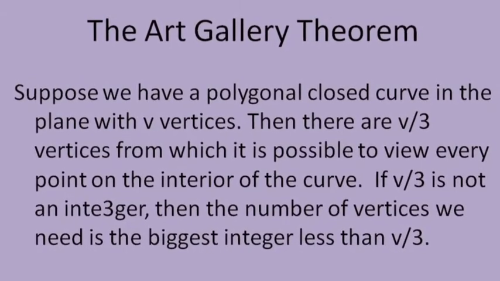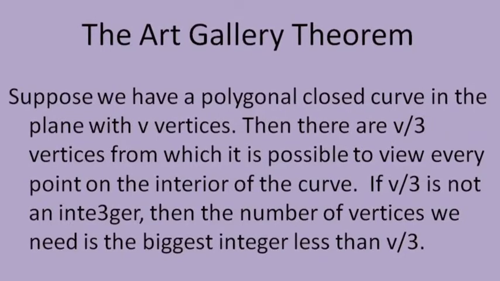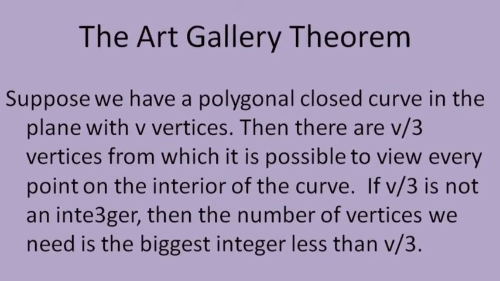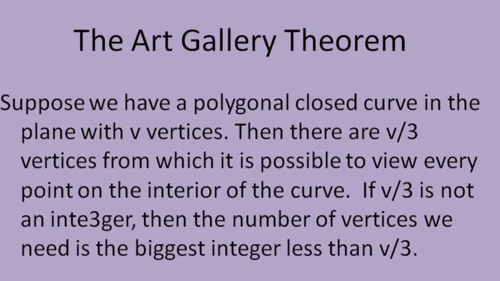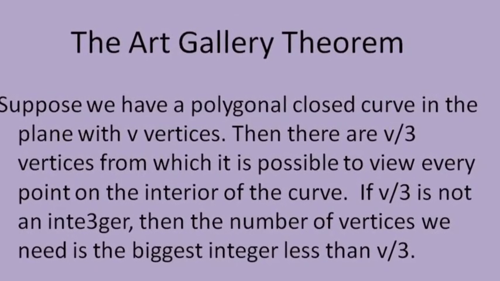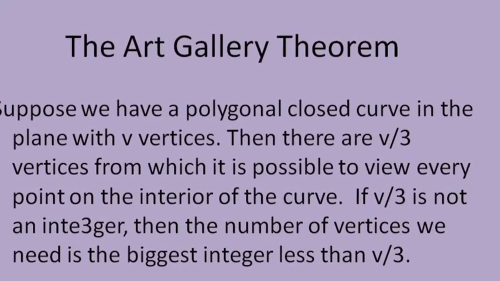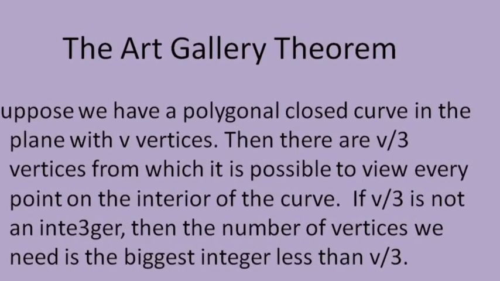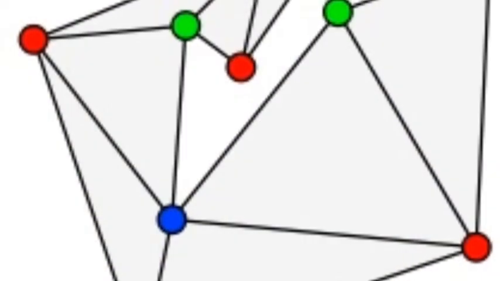If you take all of the vertices, which are called V, and divide by 3, you can find the number of cameras or people needed to see the interior of the polygon. If V divided by 3 is not an integer, then you simply do not round. You use the whole integer, or in your mind you might want to think round down.